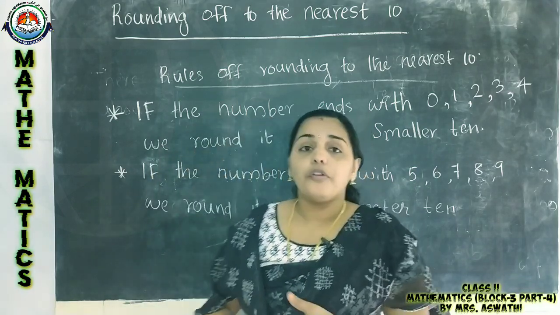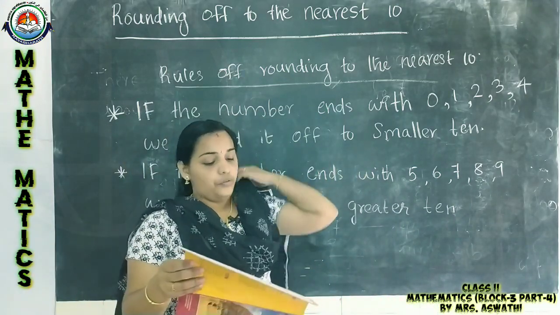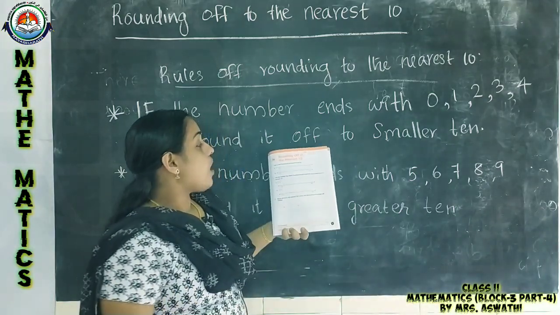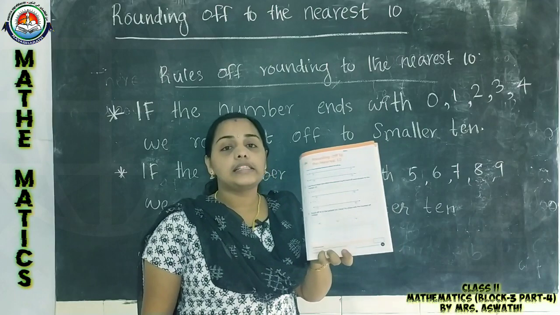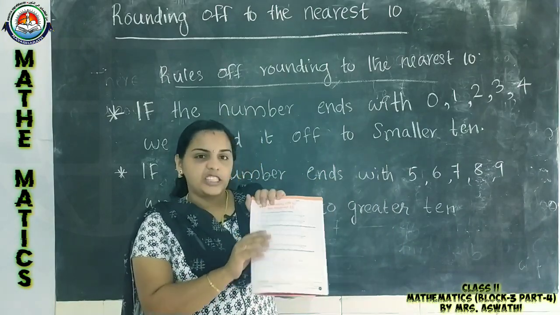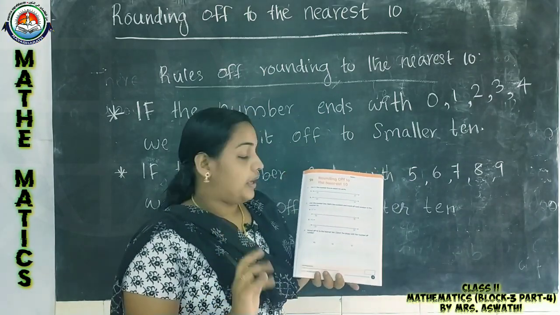Okay. Now all of you take your workbook, page number 15, Rounding off to the nearest 10. It is homework, but I will explain it, not ask you to answer now, just explain.